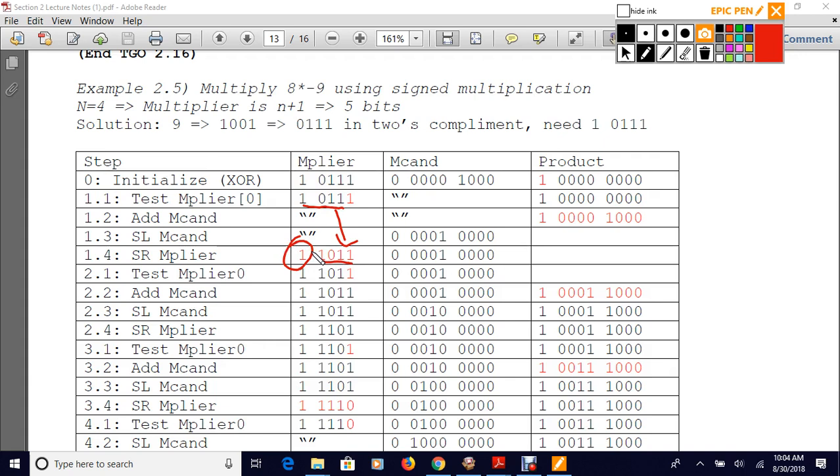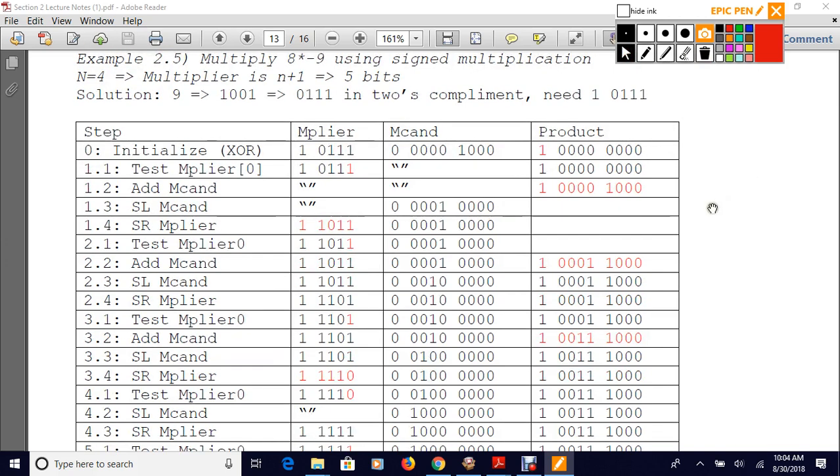Let me work through one more iteration of the algorithm, then I'll start taking questions. Second iteration, same thing. We test the least significant bit of the multiplier, which is why I say multiplier 0. It's 1 again. And then we add the multiplicand, so we're adding this value to this value.